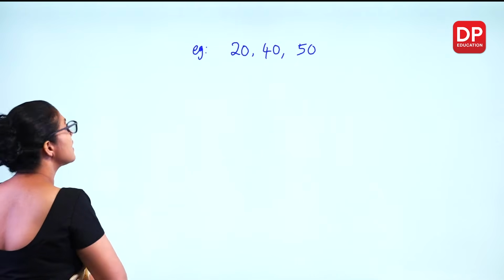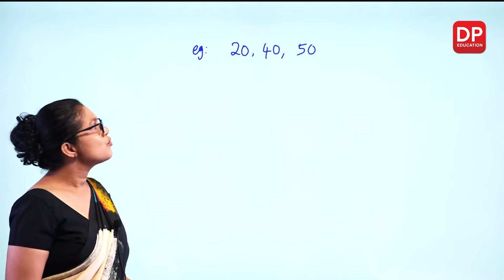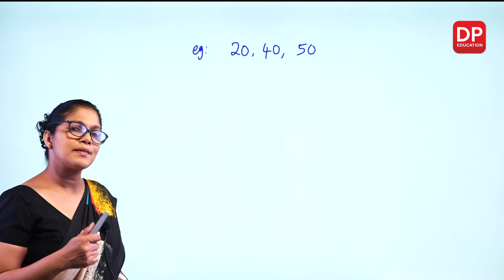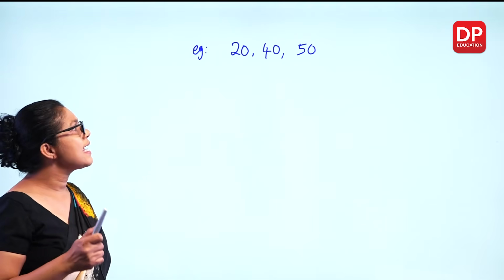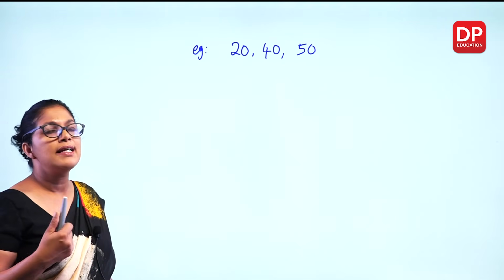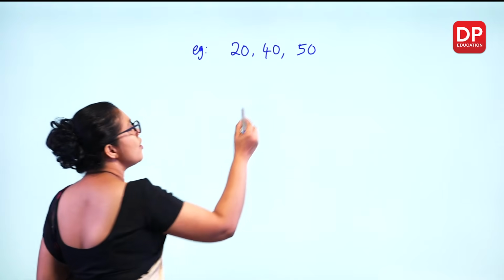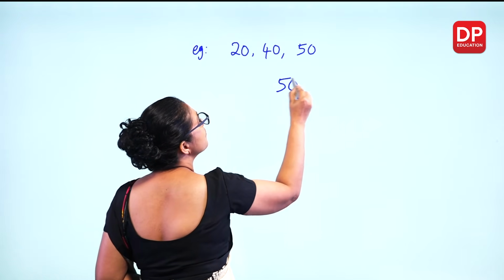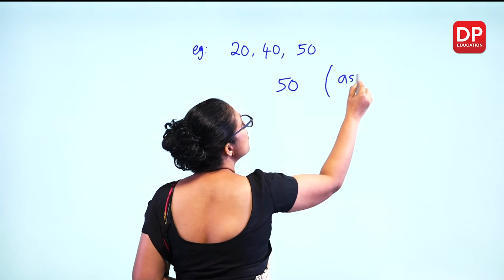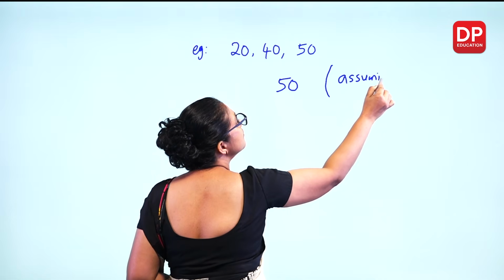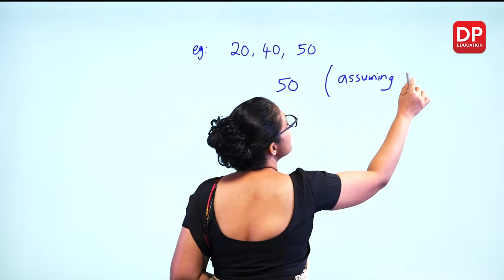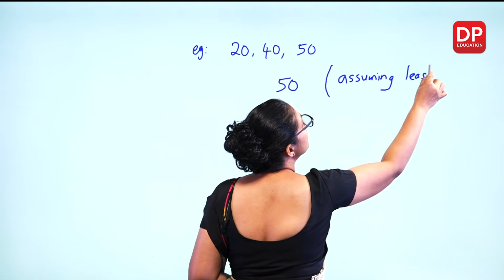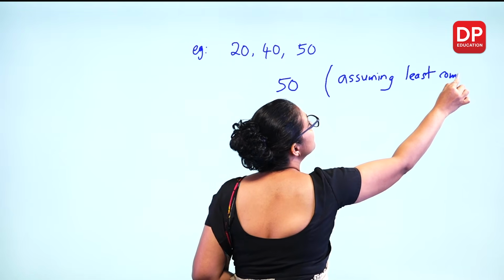Now we'll look at another example: 20, 40, 50. So what's my method? We take the largest number as the least common multiple. So I'll take 50. I am assuming 50 as the least common multiple.